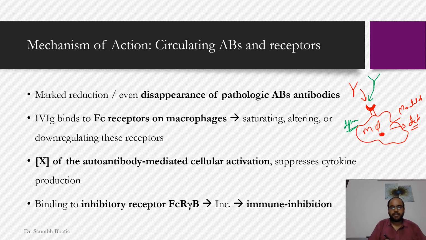Now many of these antibodies are required, and when I say antibodies, I mean the body's antibodies. The body's antibodies are required for activation of different kinds of cells involved in inflammation. So when the receptors on these cells are blocked by outside IVIg, the inside Ig is not able to attach itself to the cells.